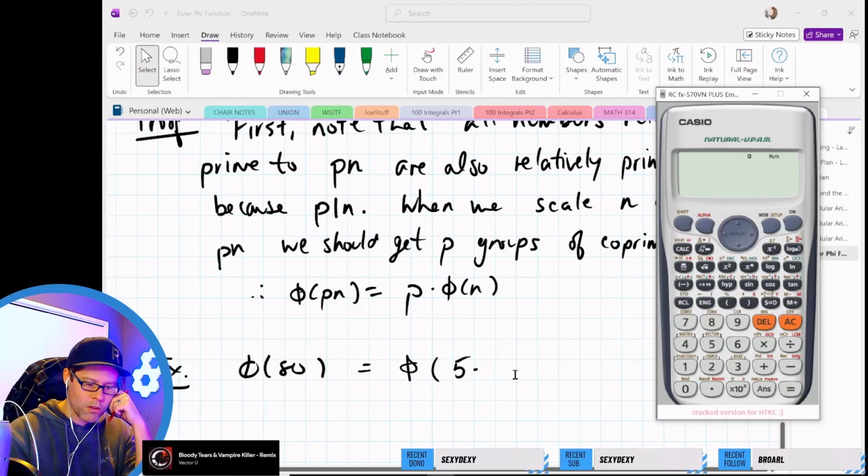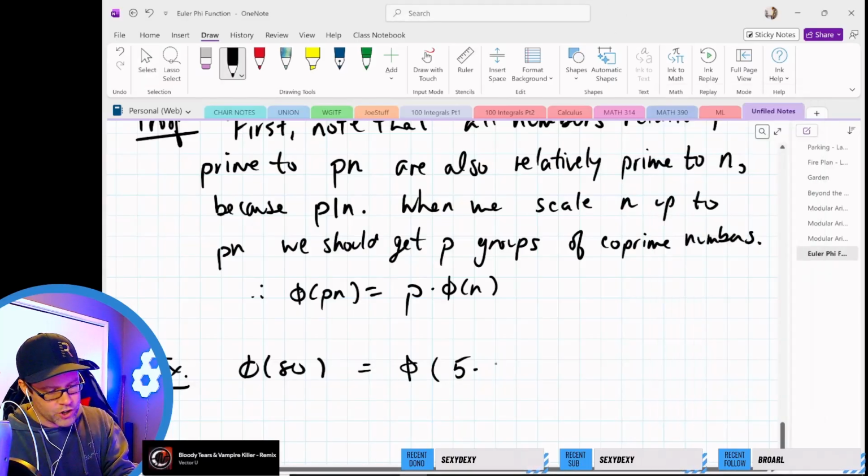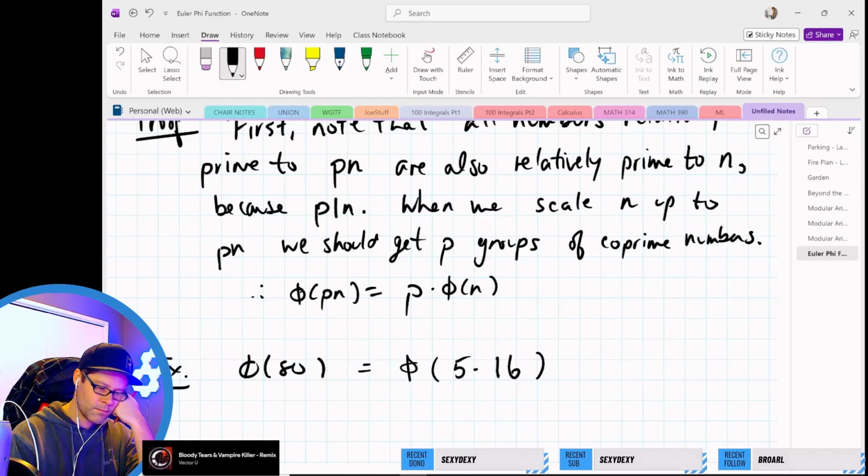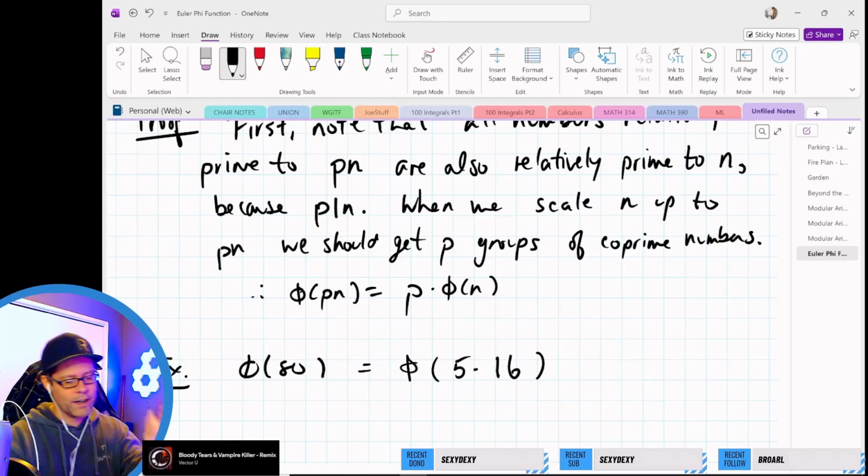Like, I don't know how to work with 40 quite yet. That's a bit too big. But what if I take 80 and I divide by 5? That would be 16. 16 I know how to work with because that's just going to be 2 to the power of 4. So I think that should be okay. But in this case, 5 doesn't divide 16, does it? So that's not helpful either.